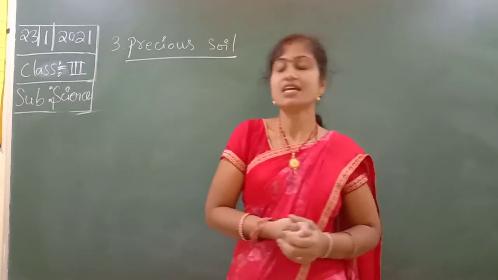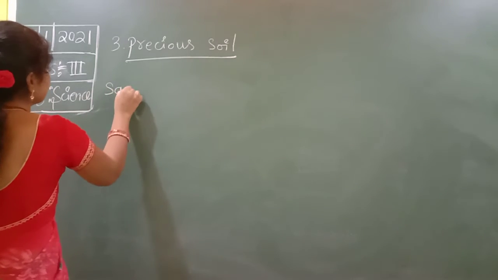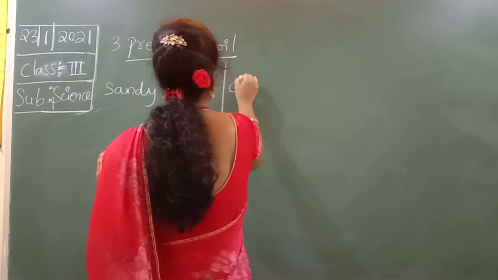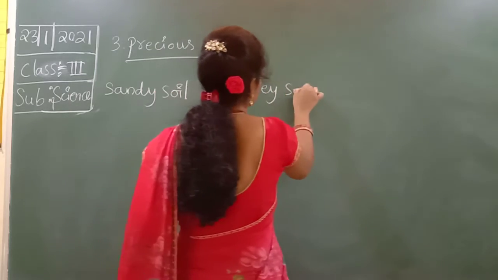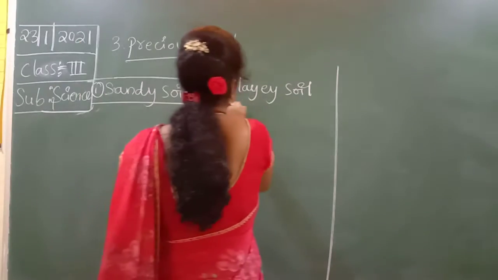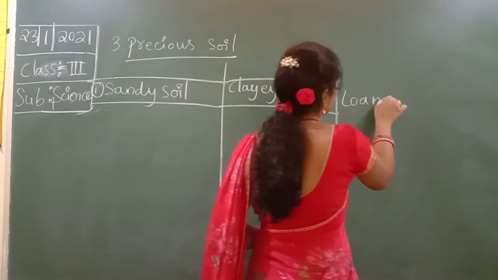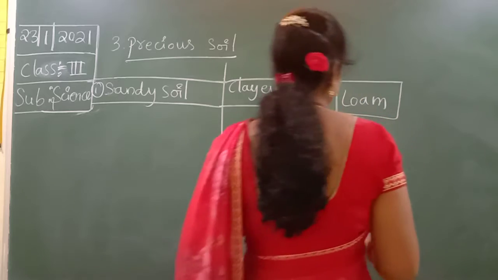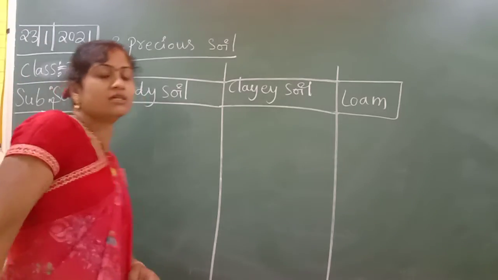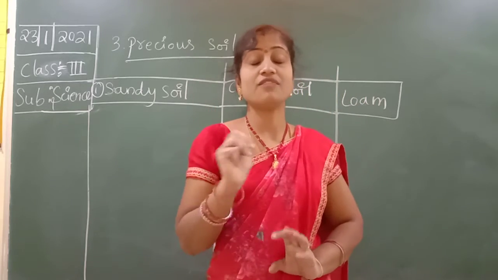First one, sandy soil, clay soil, next loam. These 3 types of soils we have.